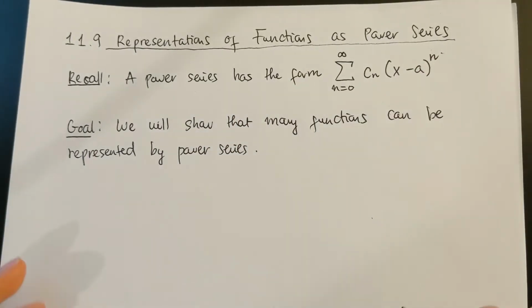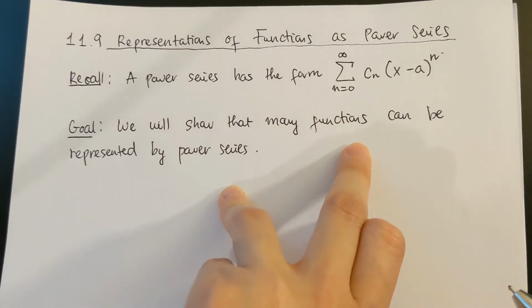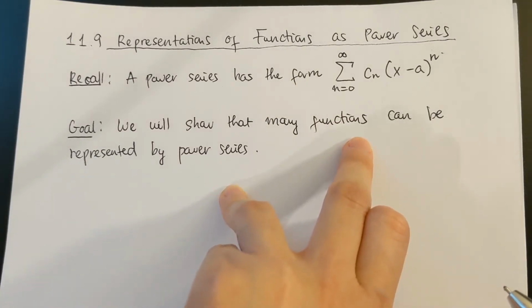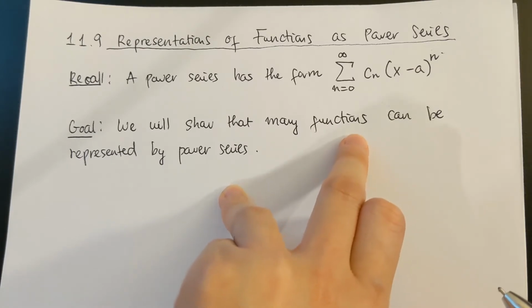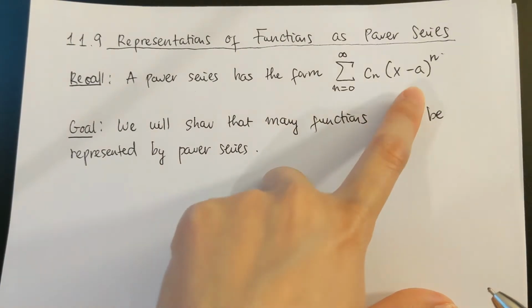Okay. And the question is, why is this useful? Why do we want to take a function, let's say exponential function, natural log function, or trig function? Why do we want to take such function and represent it in this form?